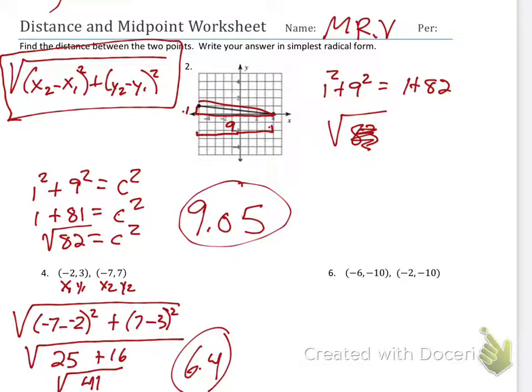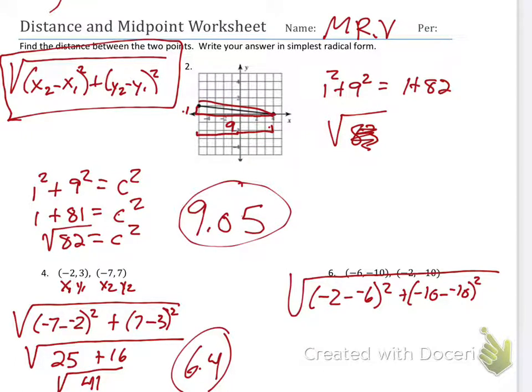All right, so for this one, I'm going to do the same exact thing. I know my x1, x2, so it's going to be negative 2 minus a negative 6, squared, plus negative 10 minus a negative 10, squared, and that's all going to be underneath the radical.